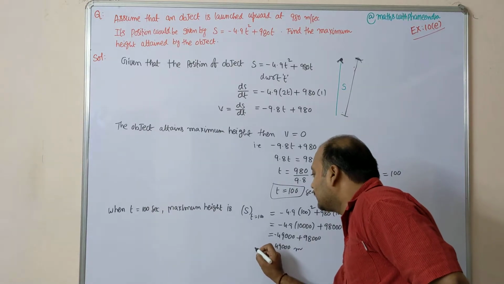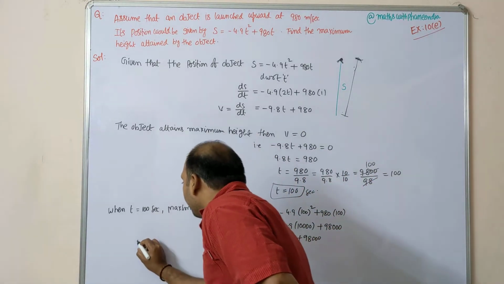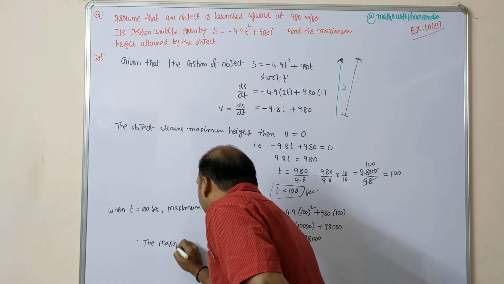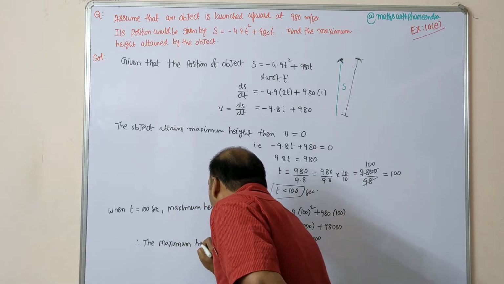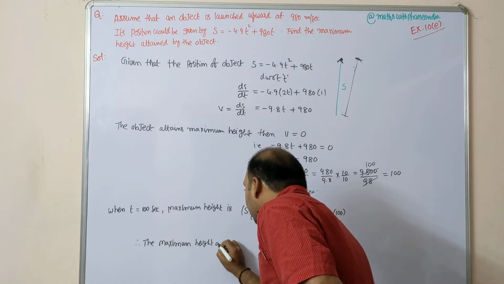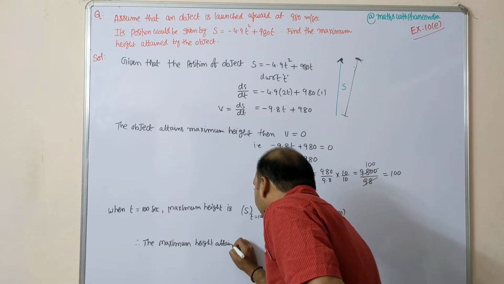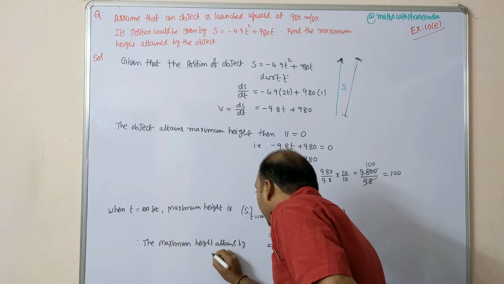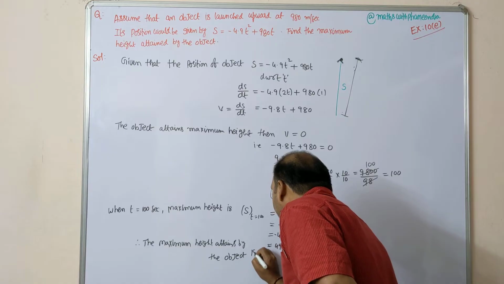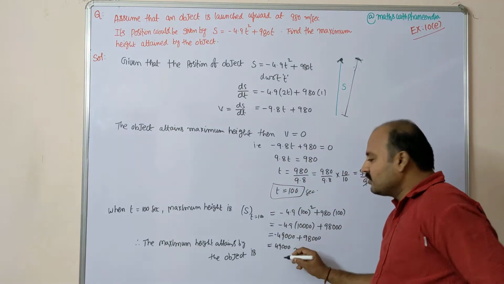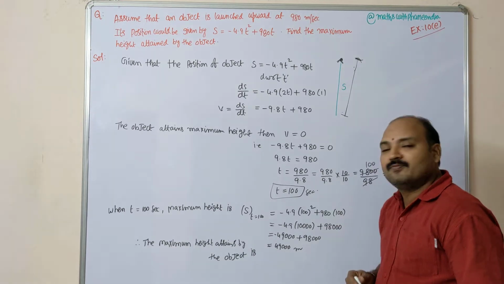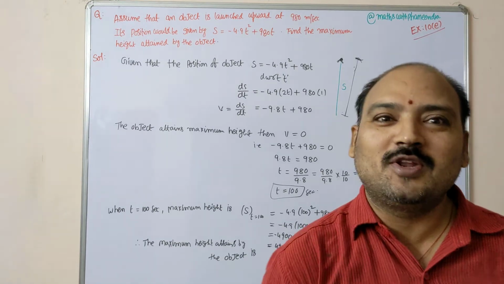So therefore the maximum height attained by the object is 49,000 meters. I hope you understand this. We'll move on to the next question.